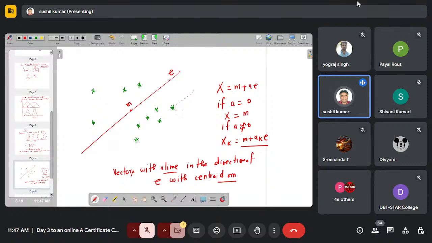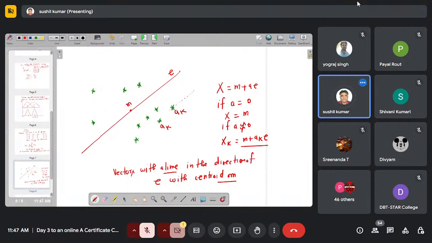Suppose this vector is ak here. This is also another vector, ak1 or ak2, whatever you can write. So you can draw a line anywhere. So the conclusion is that a point or a vector xk will be represented on the line with some error.